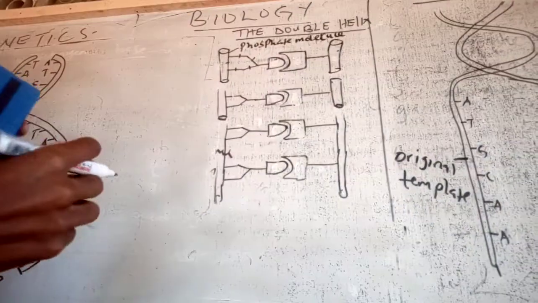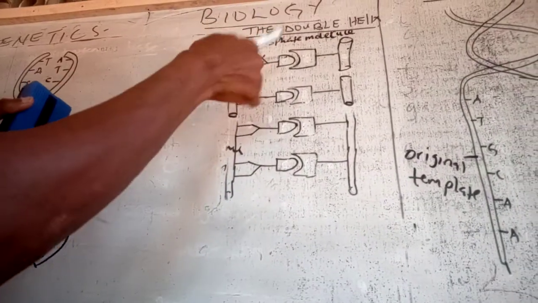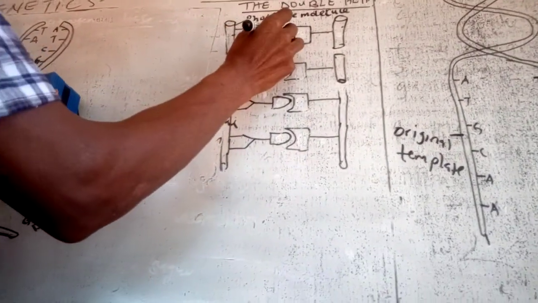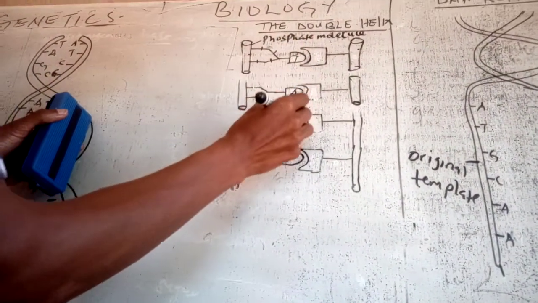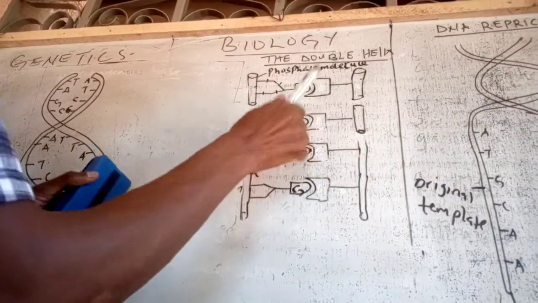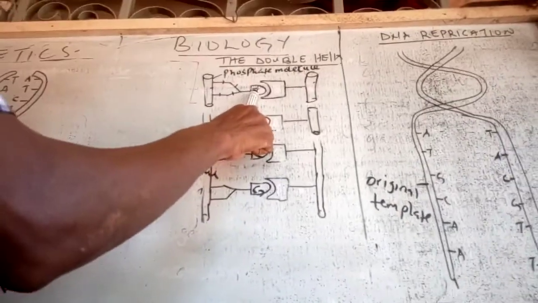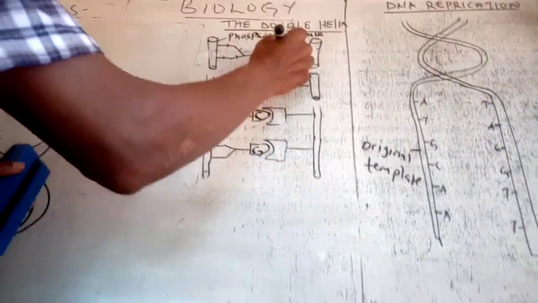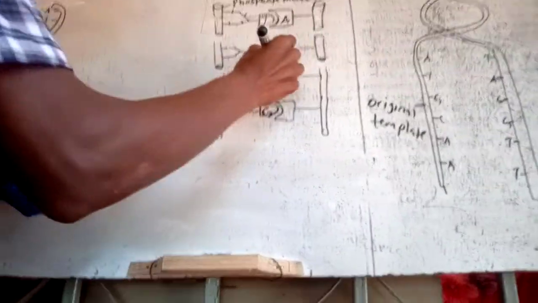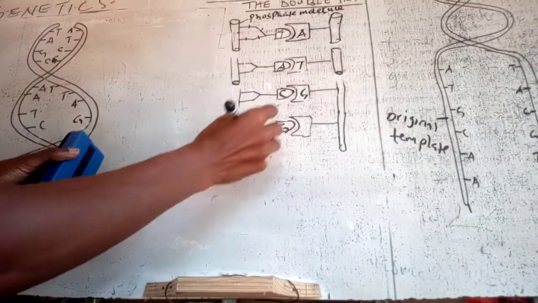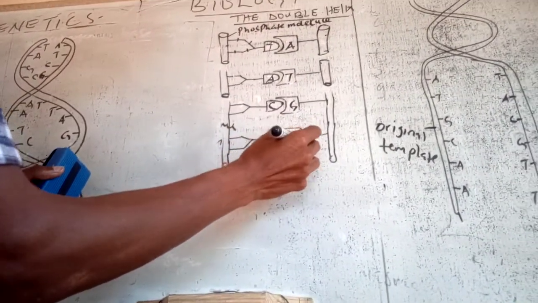After linking the nitrogenous base, this can be thymine, adenine, cytosine, guanine. And on the other side, you have to be very keen here, thymine always combines with adenine, adenine combines with thymine, cytosine combines with guanine, and guanine will always combine with cytosine.